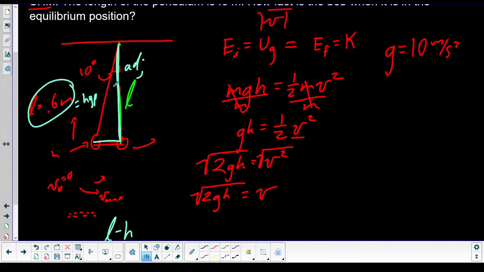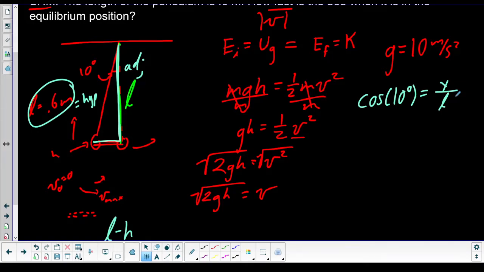We want the adjacent, we have the hypotenuse. What trig function uses adjacent and hypotenuse? That's cosine. So we're going to look at cosine of 10 degrees equals adjacent, which is y, over our hypotenuse, which is L.